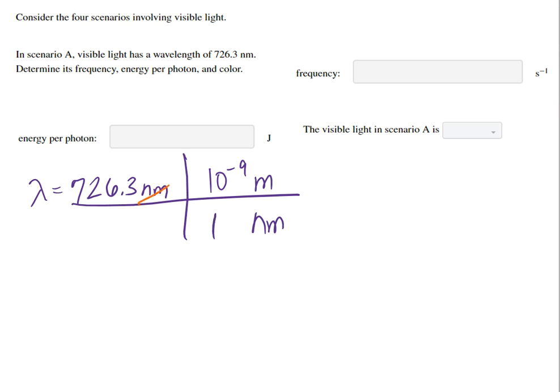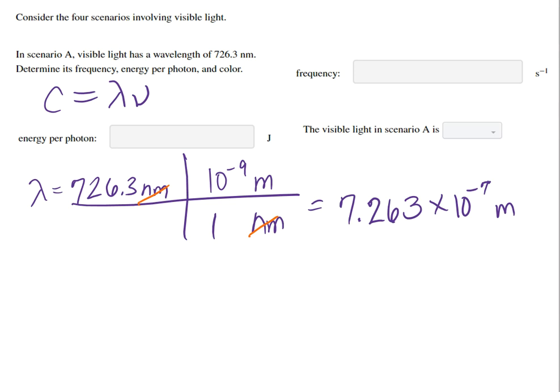So that causes my nanometers to cancel out to leave me with meters. If you put this in your calculator, you're going to get 7.263 times 10 to the minus 7 meters. So now that we have that wavelength in meters, now we can actually go and solve this equation. So again, c equals lambda nu.